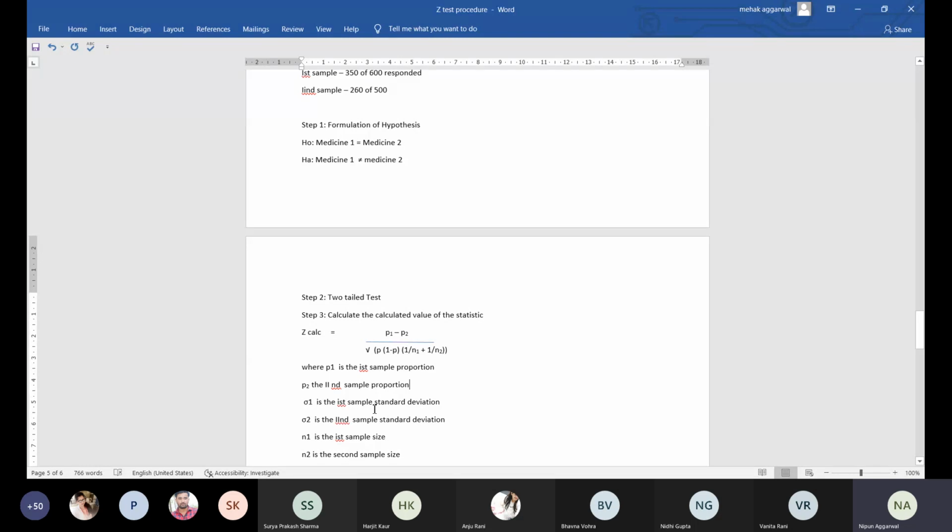There will be two proportions, one of sample 1 and one of sample 2. P1, P2 you are clear with. n1 and n2 are the first sample size and the second sample size.